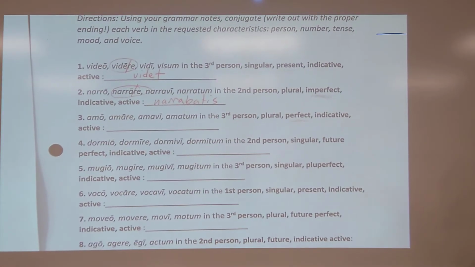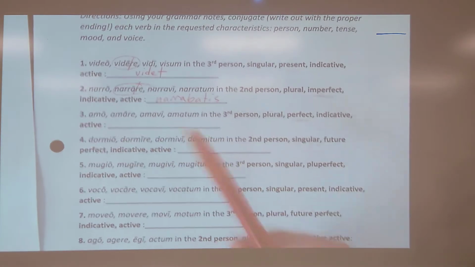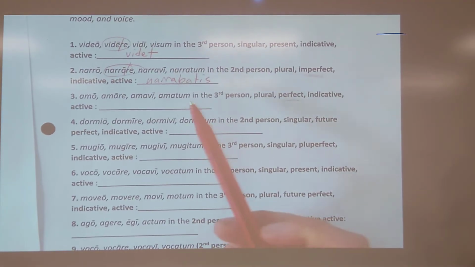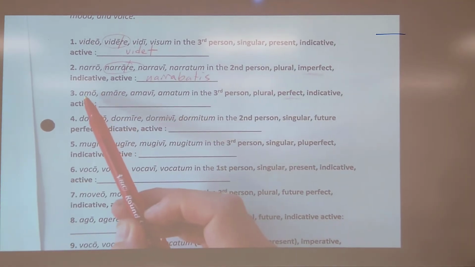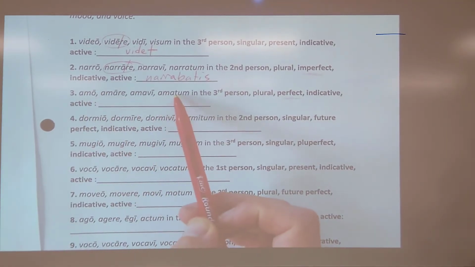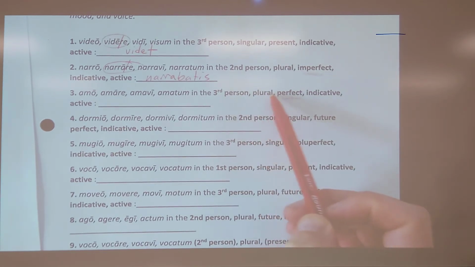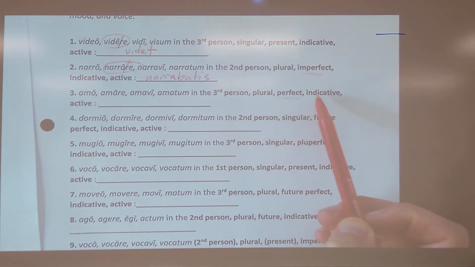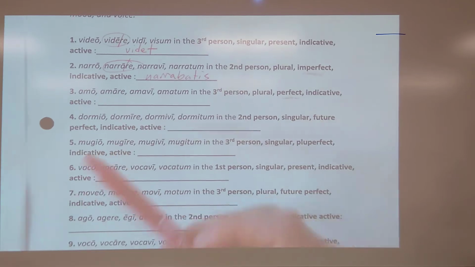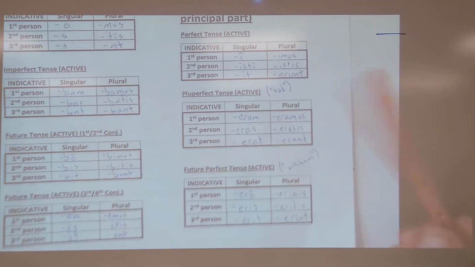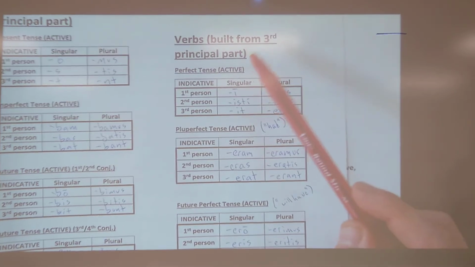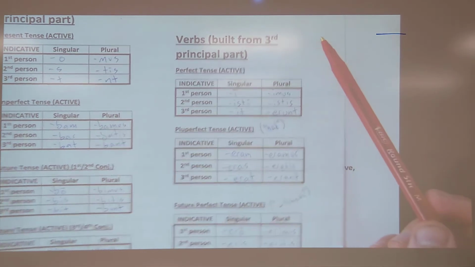We'll do one more here together to give you the idea that these things can change a little bit. Number three, amo, amare, amavi, amatum. Third person plural, perfect tense, indicative active. If you go to your sheet, you see that the perfect is over here on the right. It's built from the third principal part.